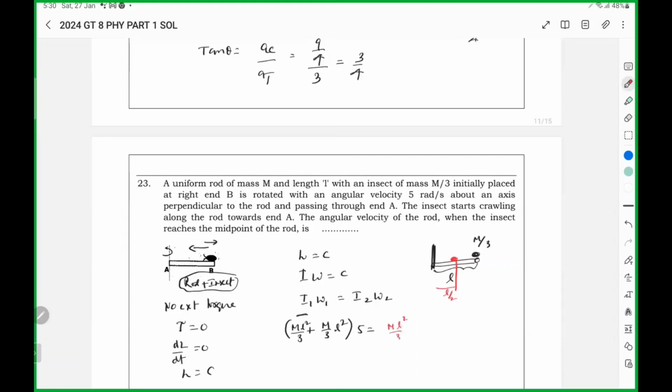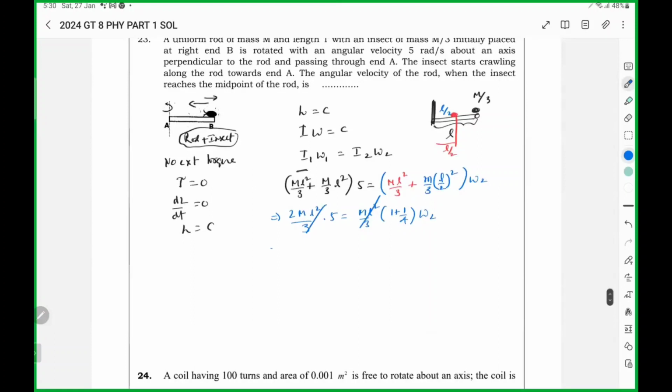Rod moment of inertia is the same, but the insect moment of inertia is m by 3 into L by 2 distance now. So 2 m L square by 3 into 5 equals m L square by 3 times (1 plus 1 by 4) omega. This gets cancelled. 5 by 4 omega 2. So omega 2 here is 8 radians per second.